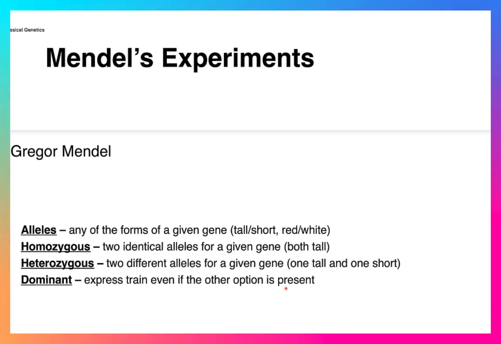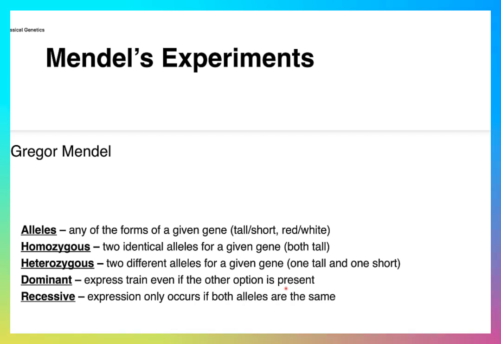Well, what that means is that red is the dominant form of that gene. On the other hand, if you have to have both white genes in order to have white flowers, then that trait is called recessive. So it means both alleles have to be the same in order to express that trait.